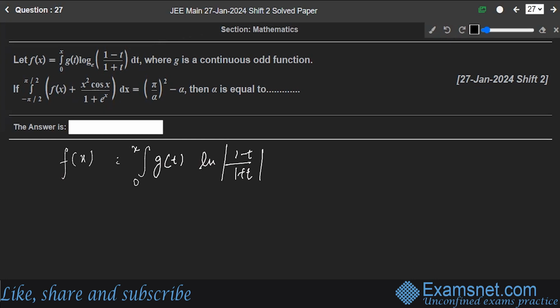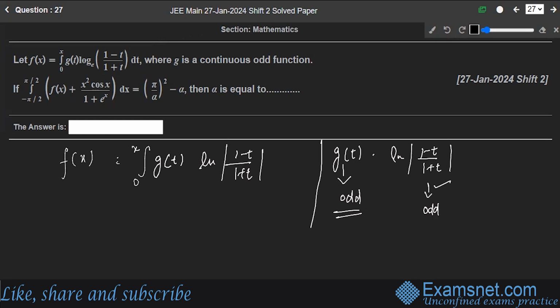If I consider only this function, you have two functions in this case, g(t) and log of (1 minus t) upon (1 plus t). You are given g is an odd function, right? And let's check this function. Actually, this is also odd. I'll just show you how. Let you have any function u(x) equal to log of (1 minus x) upon (1 plus x). So what will be u of minus x?